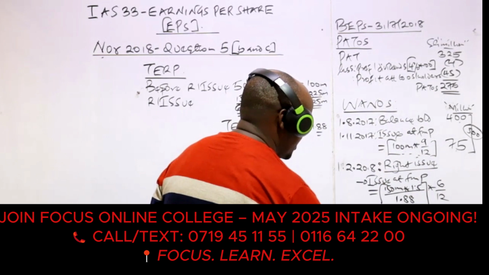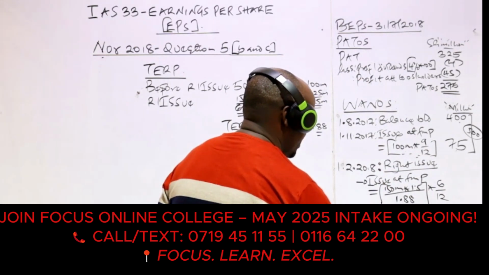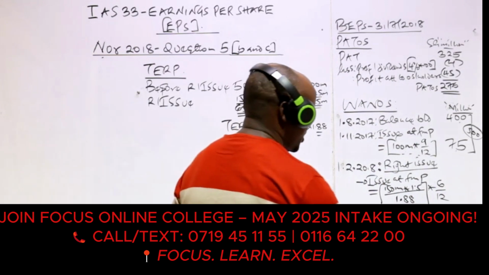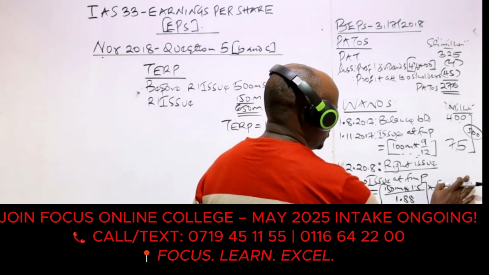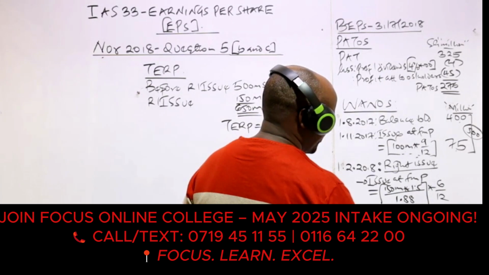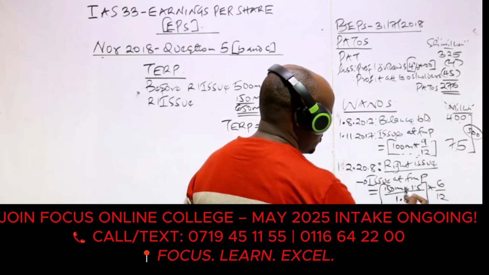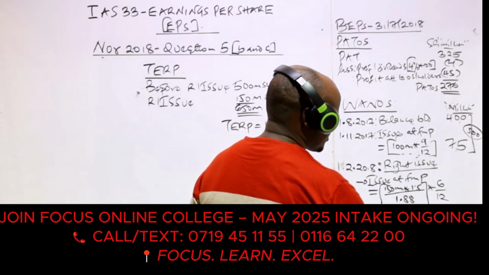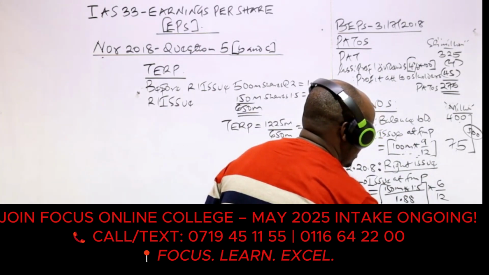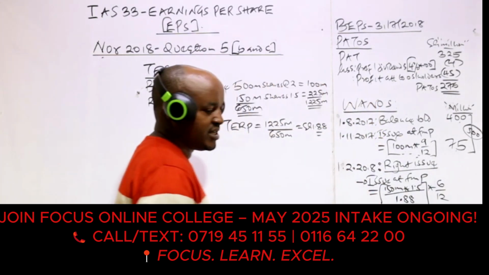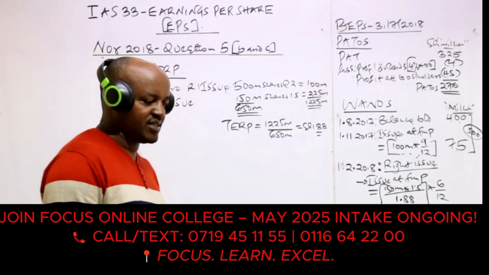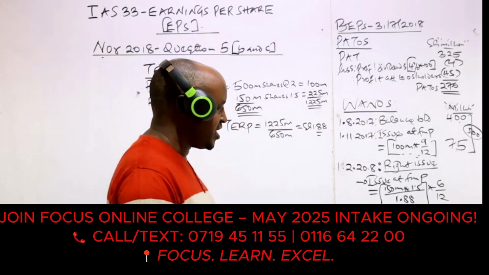To determine this, we said we take the total shares issued during the right issue minus the shares issued at full market price. The shares issued at full market price is not the answer you're going to get here, but this is how we compute it. So we just transfer what we have here down here. This will give us the shares issued at full market price, and equally these particular shares are not supposed to be weighted on a time basis, because they are shares issued at nil consideration.